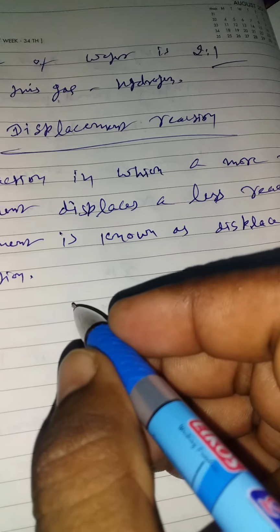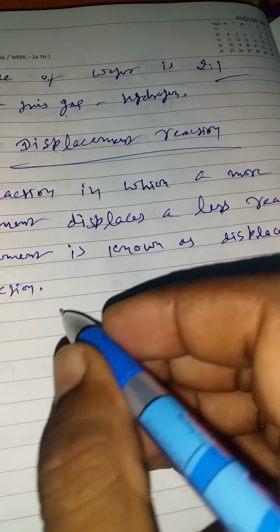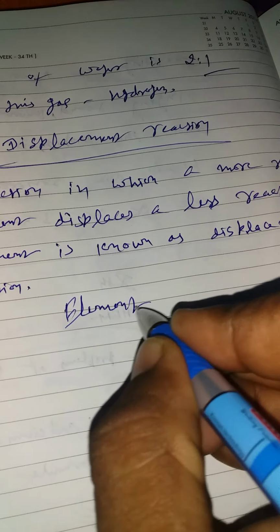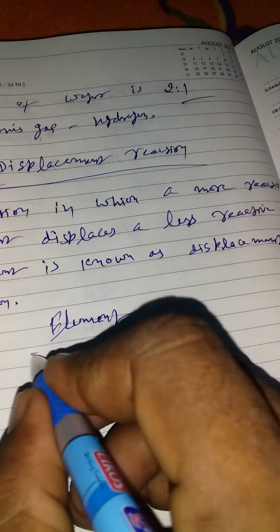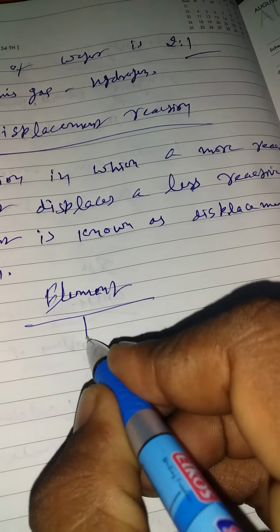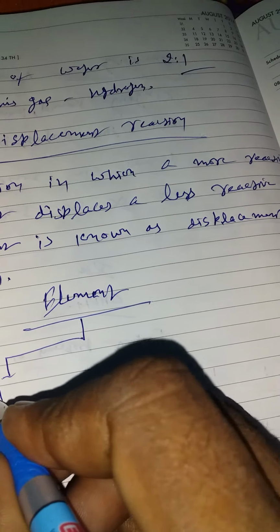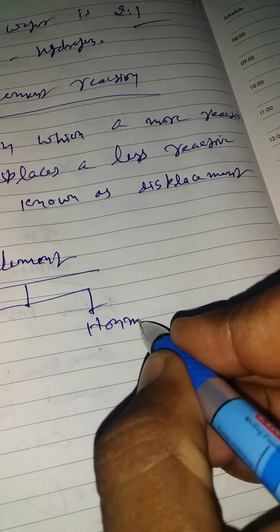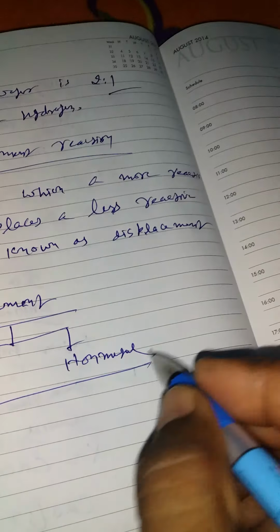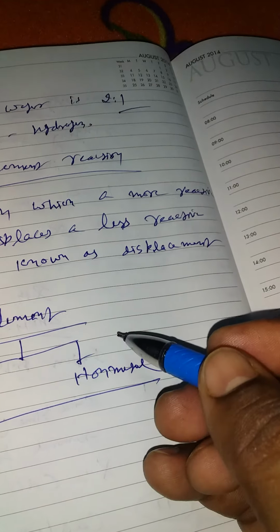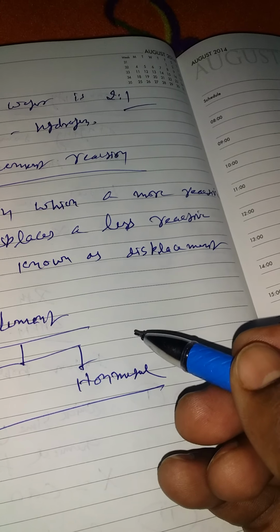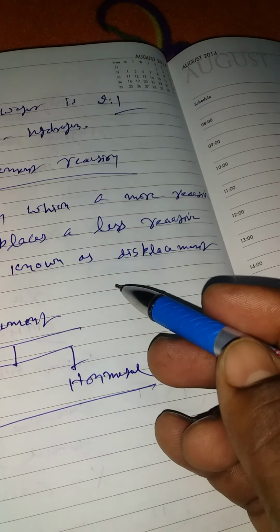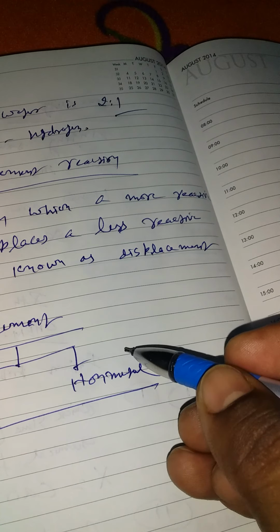Dear students, as we know, elements are mainly divided into two parts, metal and non-metal. And in the above chemical reaction, that is displacement reaction, a more reactive element displaces a less reactive element.